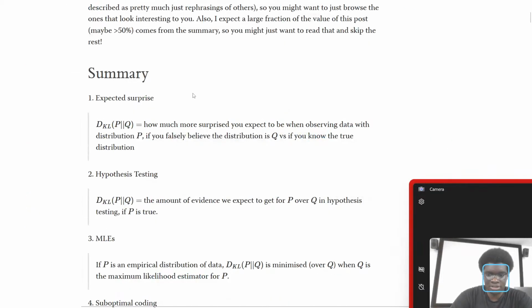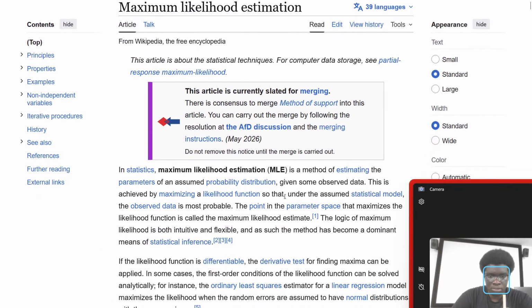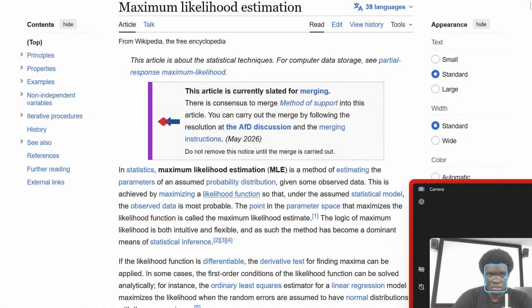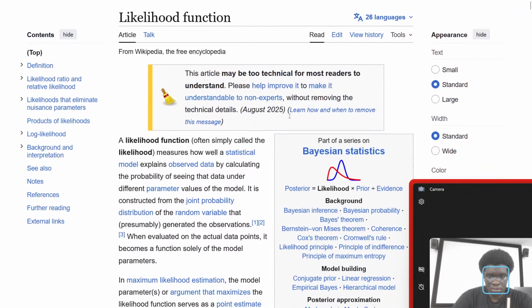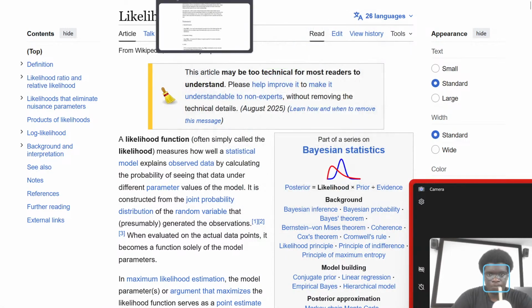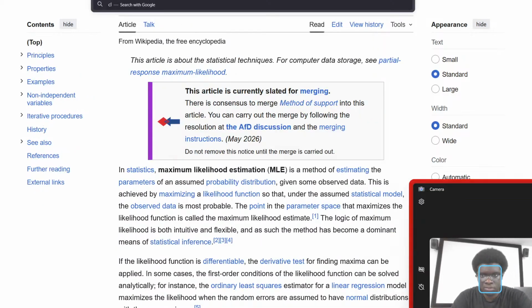So how can Q be a maximum likelihood estimator while also being a distribution? That kind of doesn't make sense to me. This still doesn't really make sense, so I will ask.